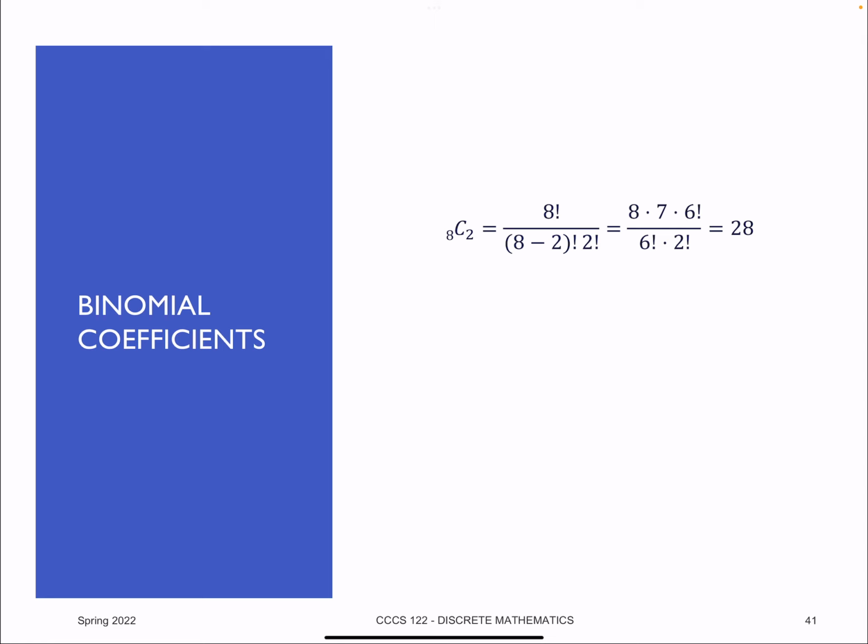That is 8 factorial over 8 minus 2 factorial times 2 factorial, do the math, you end up with 28.